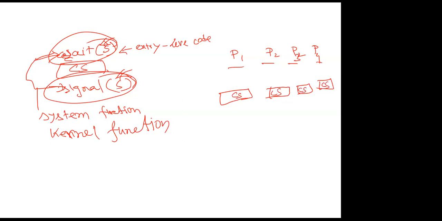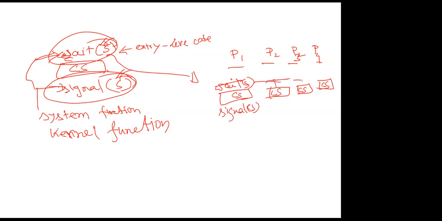So what you need to do is, before the critical section, call the wait function, and for the exit section, call the signal function.